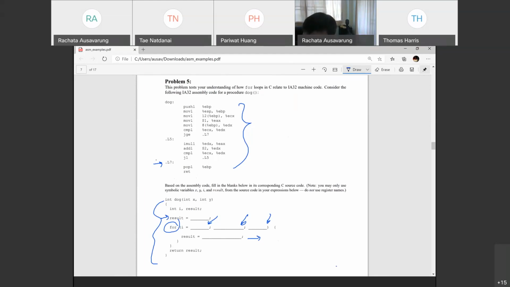Which means that if this becomes true, jump greater or equal L7, then you are out of the loop. So what do you do with the jump greater or equal? What are you comparing with? This, right? ECX and EDX.